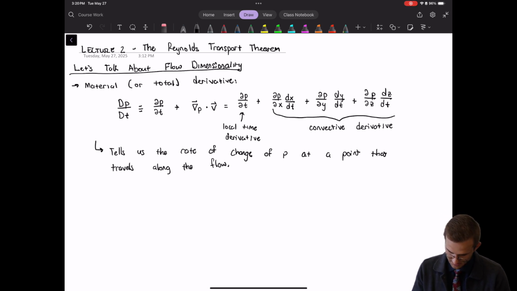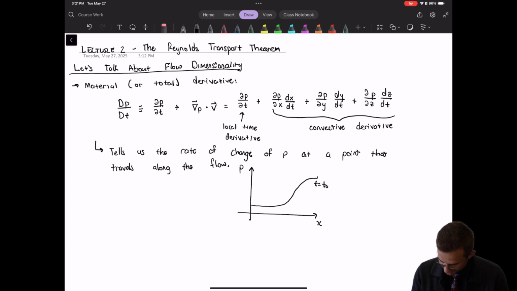So let's just draw a little pressure field, a 1D pressure field, meaning you have pressure here, and it's a function of just x, in one direction. And then let's say we have this curve at t equals t naught, and then we have another curve that joins up with the first curve, and this other curve is at t equals t1. Okay, and so if you're at, let's say this red point here, right?